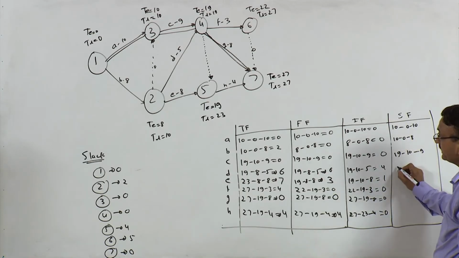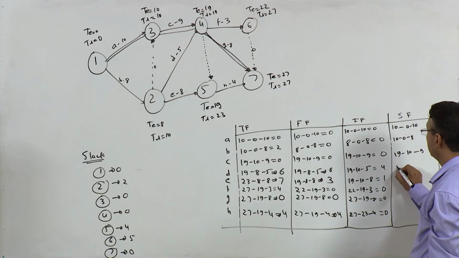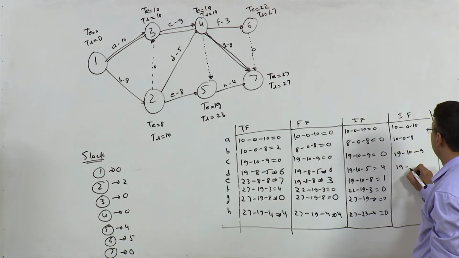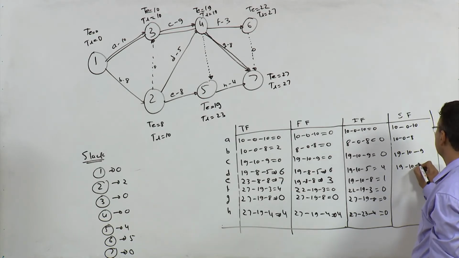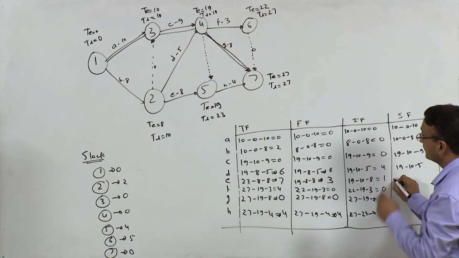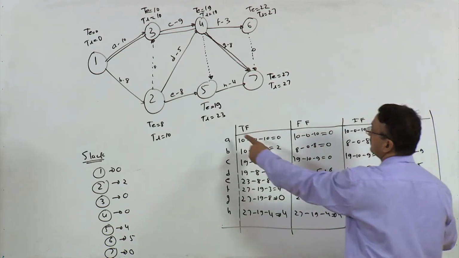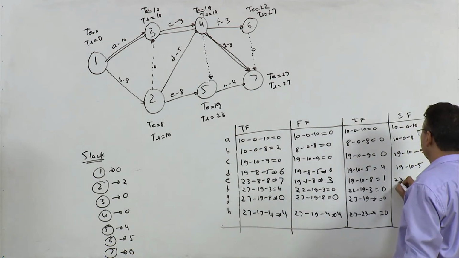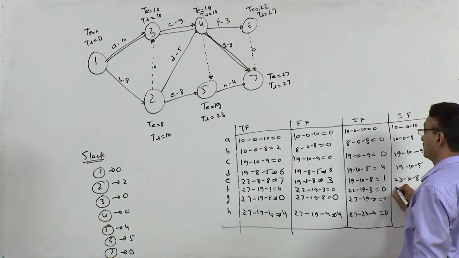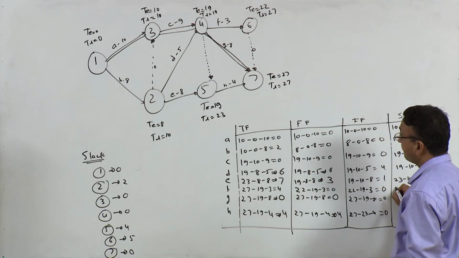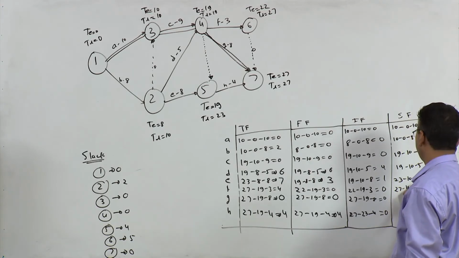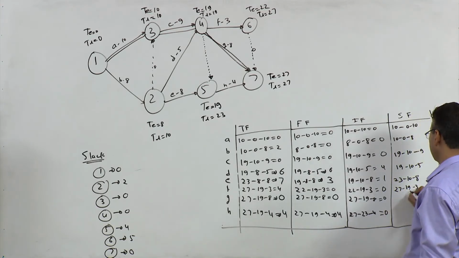For activity D, you have 19 minus 10 minus 5, right? For activity E, it is here, so 23 minus 10 minus 8. For activity F, it is 27 minus 19 minus 3.